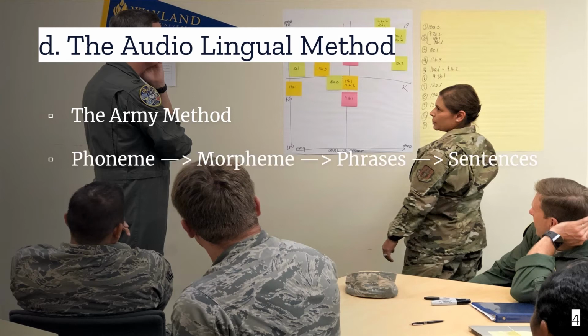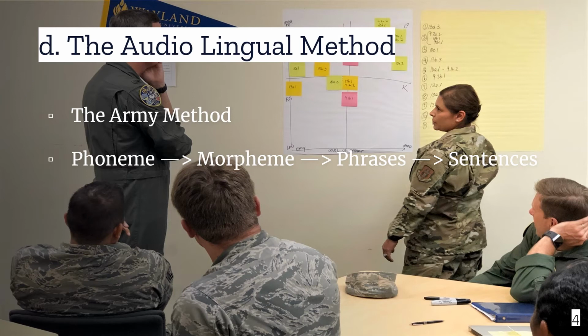In this, the teacher presents an oral model to the learner and drills are carried out based on the model. For example, the teacher might say a word or a phrase, like "carry out." The teacher would say the phrase first, and then make the young soldiers or learners repeat, drill and practice it after the teacher.